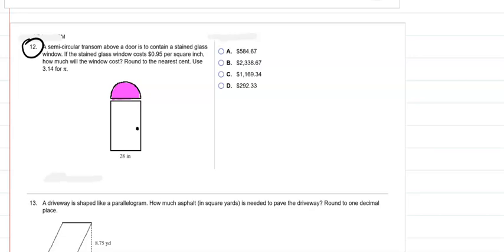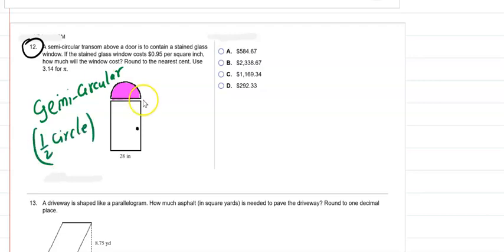Semicircular means half of the circle, okay. So to find how much cost is needed to put the window, the cost is going to be 0.95 per square inch. So I have to find how much area for this semicircular transom.